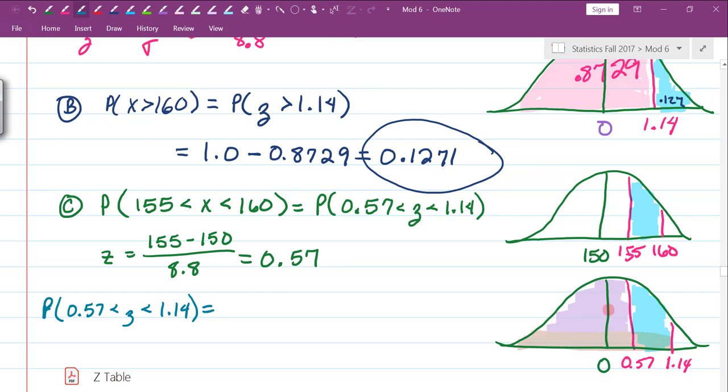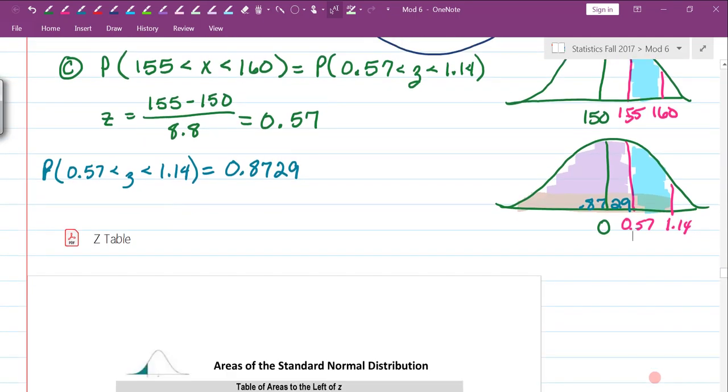That's the 1.14. We already looked that up, didn't we? That's the 0.8729. So we're just going to go ahead and grab that. So it's 0.8729. And now we're going to subtract off the area under the curve for the 0.57. So let's come on down.